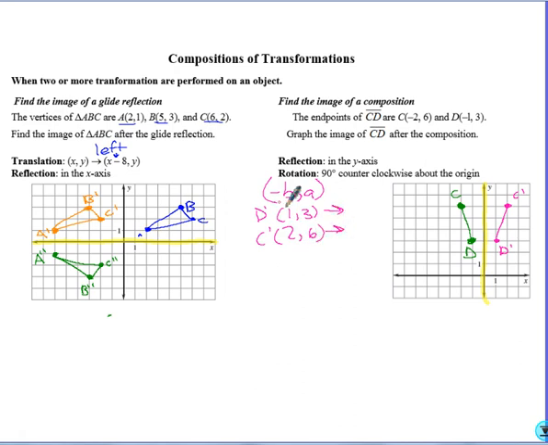When I put that through this rotation, the new point, D double prime, will become (negative 3, 1), and C will become (negative 6, 2). Then we can graph those points: 1, 2, 3, 1. So that will be D double prime, and then 4, 5, 6, 1, 2. That becomes C double prime. And that would be our reflection and rotation.